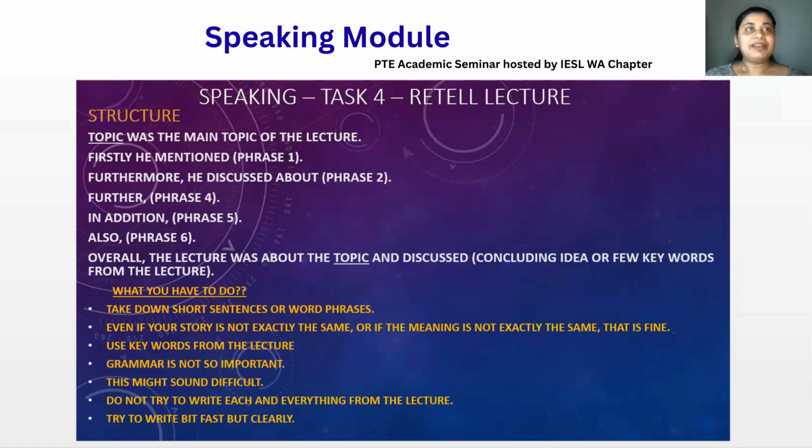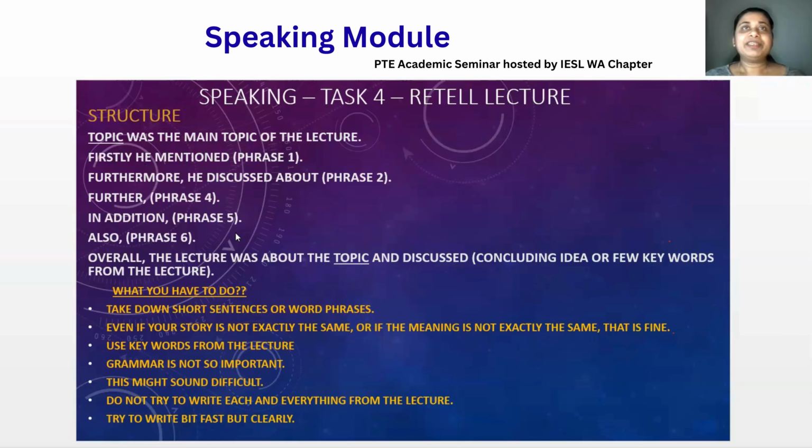Now I am going to give you a structure that still works. You can say the topic. You know the topic, so you can say, the topic of the lecture was the main idea. Firstly, he mentioned, and you can include one phrase here. Furthermore, he discussed, and you can add another set of keywords here.